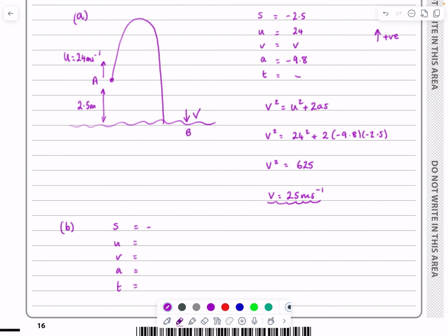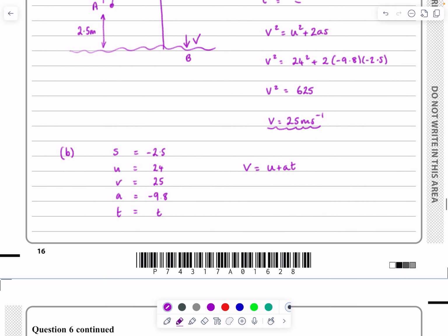So S was minus 2.5, don't need that. U is 24, V is 25, A is minus 9.8, and T. Now I can simply go into V equals U plus AT. Technically, V would be minus 25 at this time, wouldn't it? Because I took upwards as being positive.